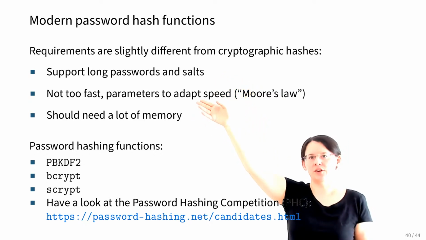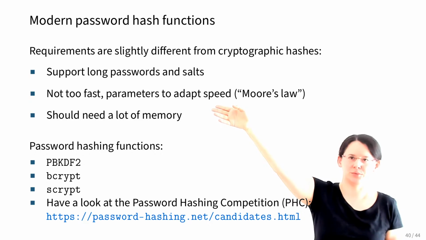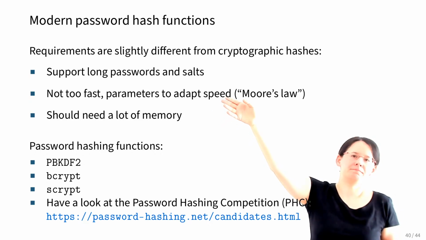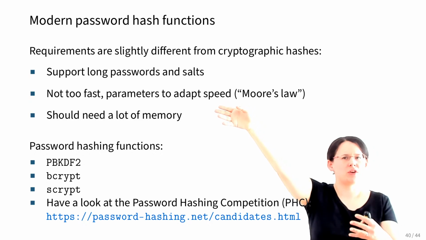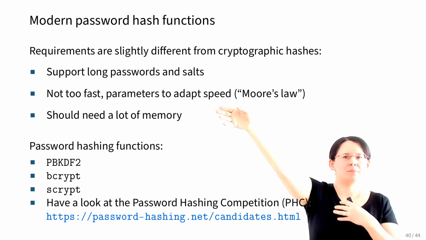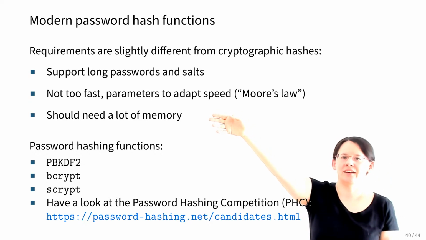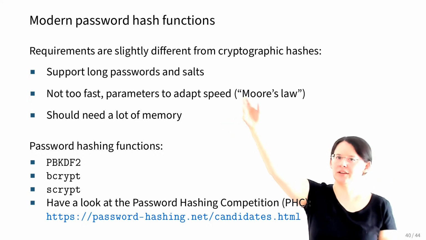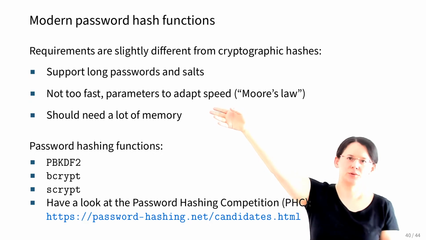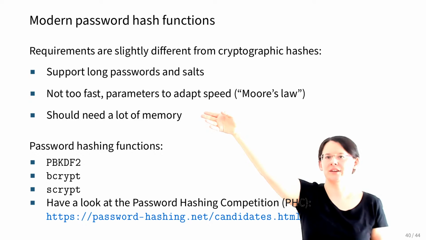It should also be not too fast. This is to protect against users with weak passwords. Because when is this password hashing function evaluated? Usually when the user logs in, but the user really doesn't notice if it takes something like 10 or 50 milliseconds to process their password. As long as it doesn't take 5 seconds, the user probably won't notice, because typing the password already took quite a bit of time.